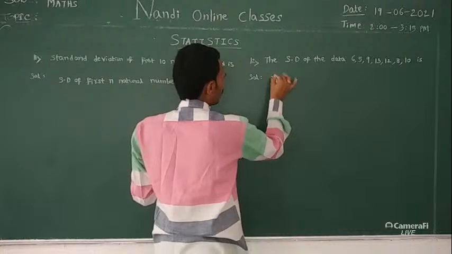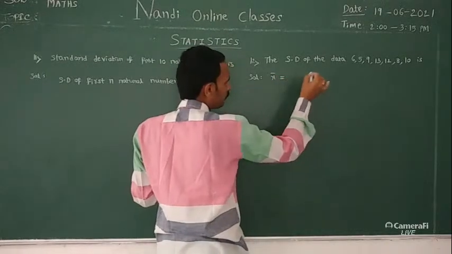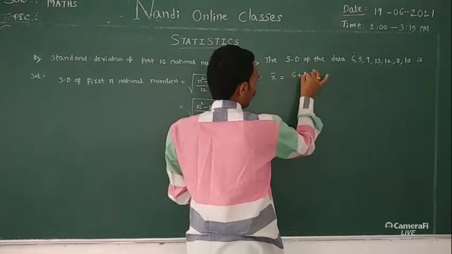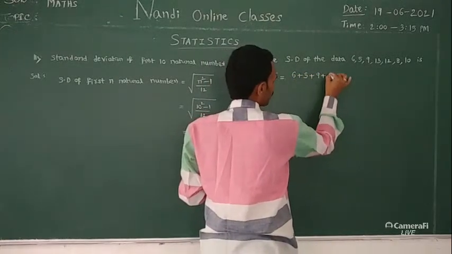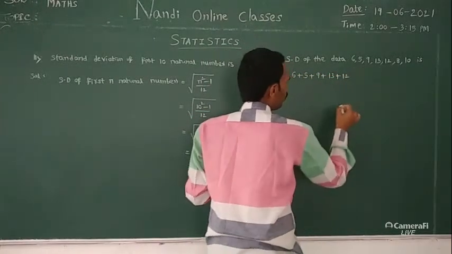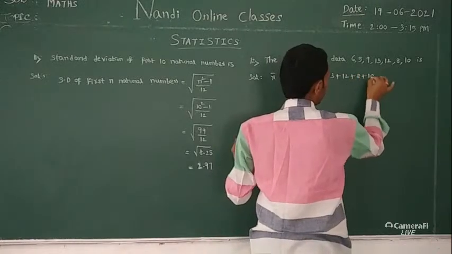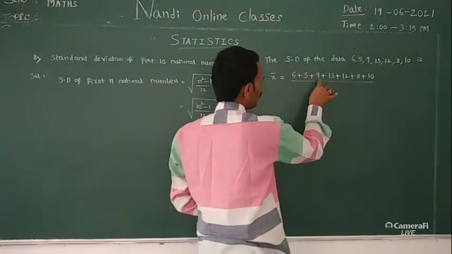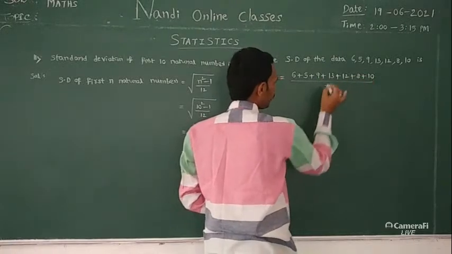So x bar is equal to the sum of the observations by the number of observations, 6 plus 5 plus 9 plus 13 plus 12 plus 8 plus 10, divided by the number of observations, which are 1, 2, 3, 4, 5, 6, 7.